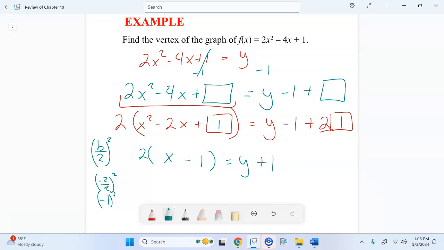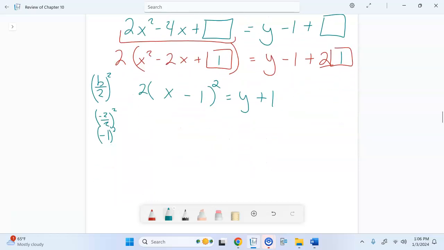Okay? Oh, I forgot my square. There we go. And last but not least, isolate y. So y equals 2 times (x minus 1) squared minus 1.